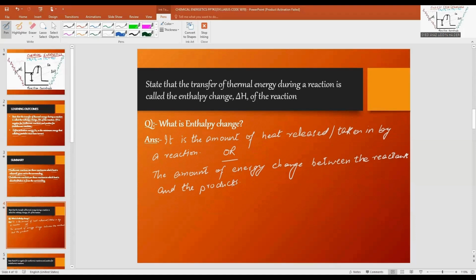We can also call it heat of reaction. H is used to represent heat of reaction.